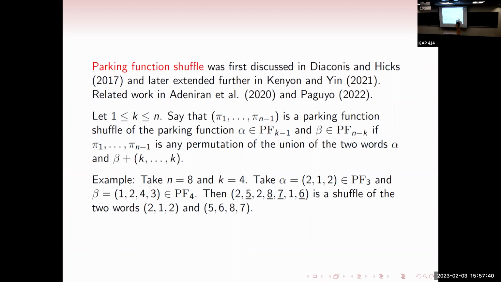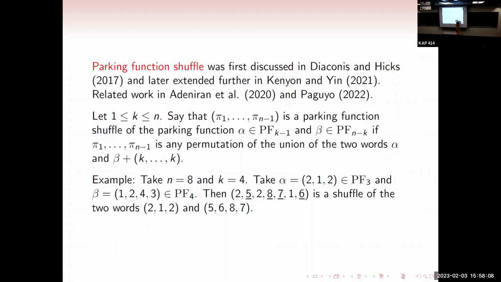So for example, if we have n equals 8, k equals 4, then one should be a parking function of 3 things, because k is 4 and 4 minus 1 is 3. And the other should be a parking function of 4 things, because 8 minus 4 is 4. And then I just randomly write down 2 parking functions, one in PF3, the other in PF4.